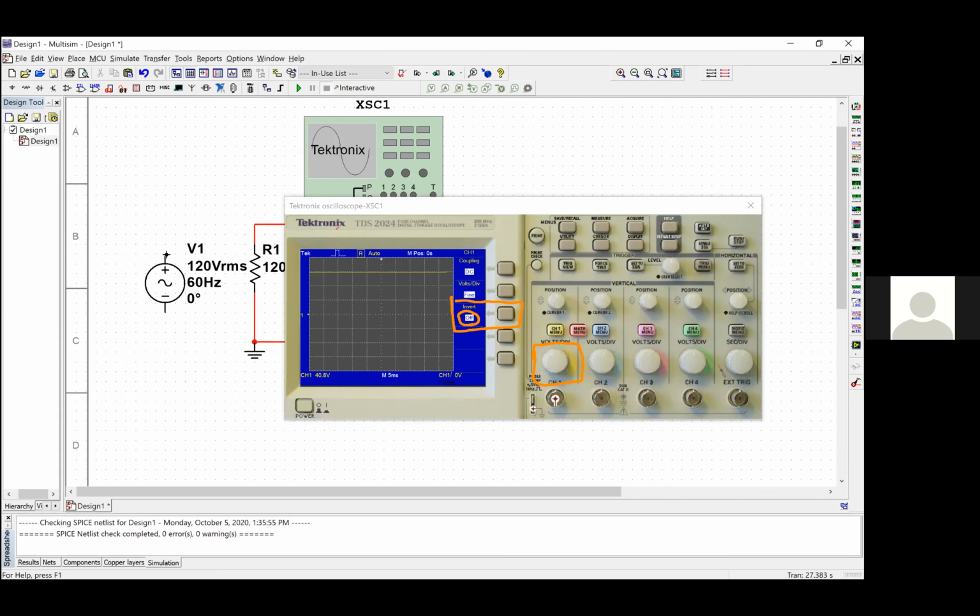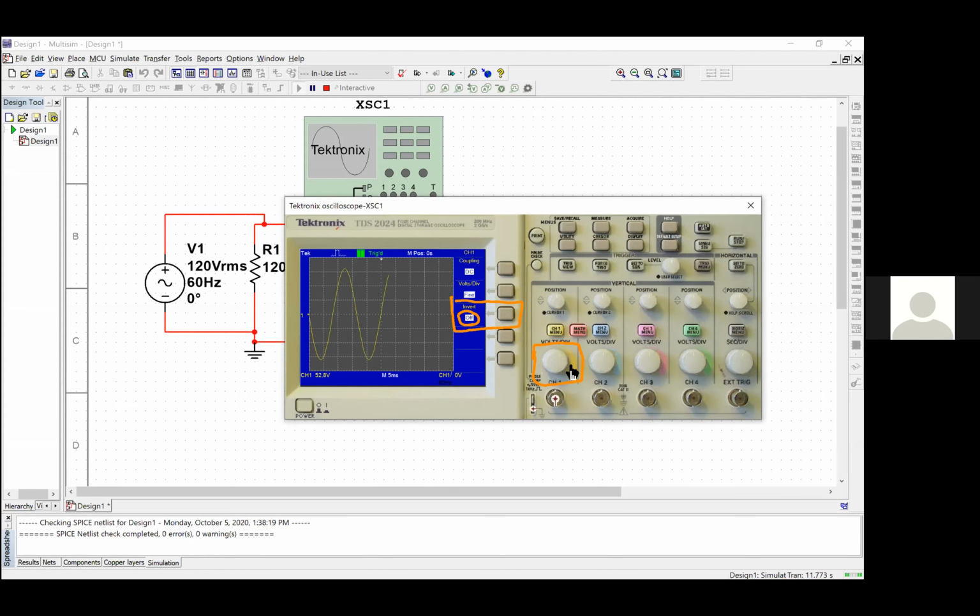When we simulate the circuit, we have our AC. I change this to my liking. Okay, so now I have my AC signal.